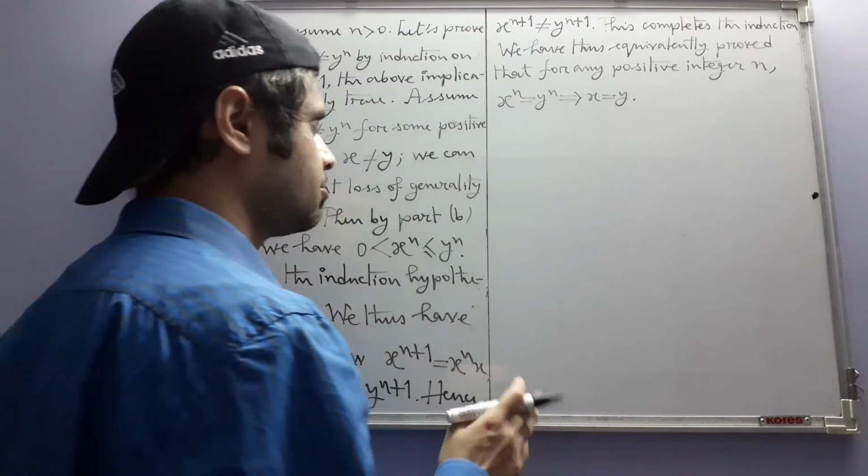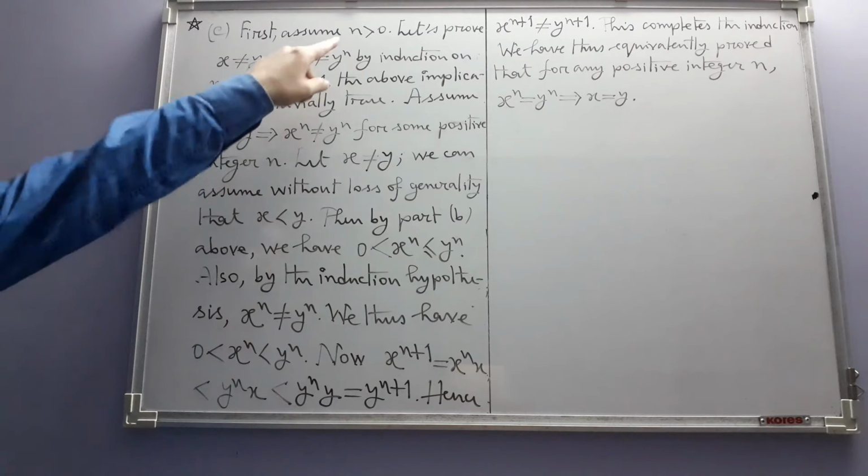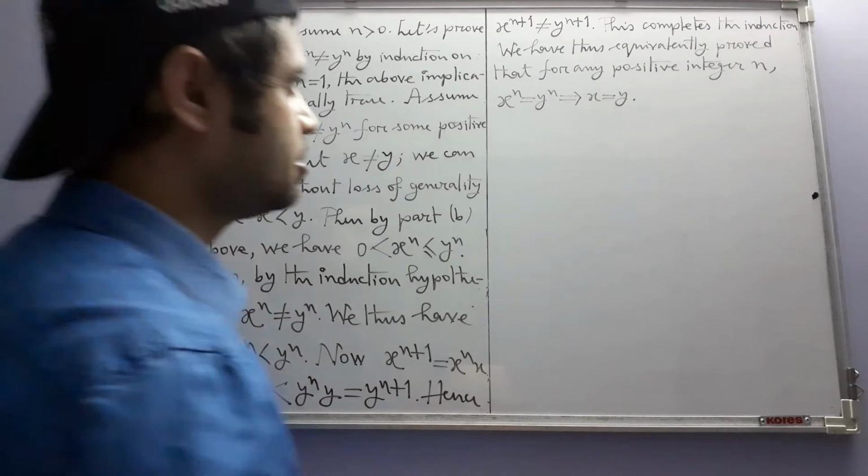If one of them is true, then so is the other. Okay, so this is the case when n is positive. Now we look at the case when n is negative.